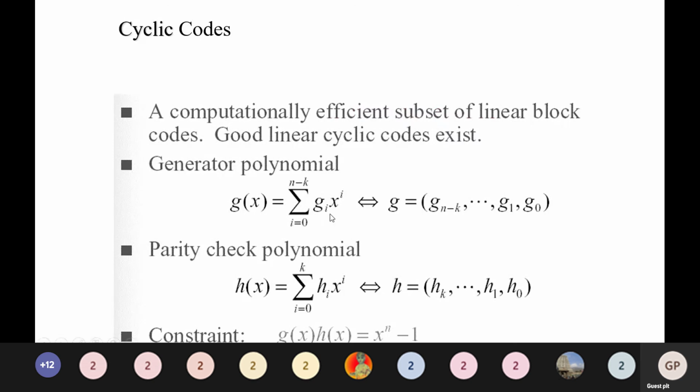So g is equal to g_{n-k} up to g1 g0. The parity check polynomial h of x is the summation from i equal to 0 to k of h_i x^i, and the corresponding constraint is g of x h of x is equal to x power n minus 1.